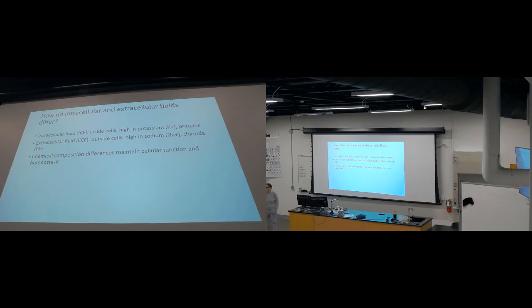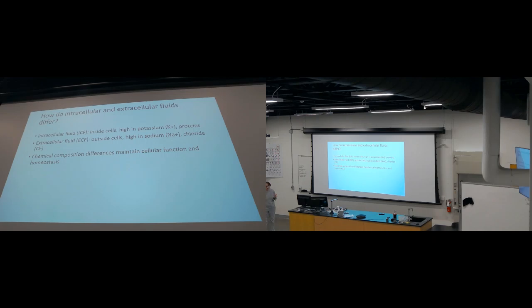As well, it has high levels of chloride. Why? Because sodium attracts chloride. So it makes sense that if sodium is more abundant extracellularly, you have more chloride extracellularly as well.